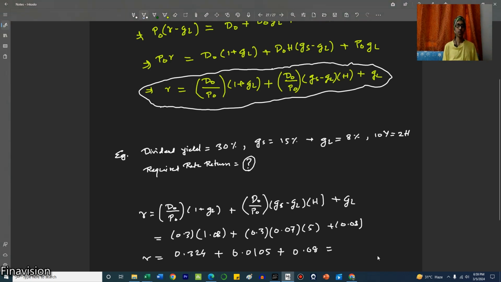So this is equal to 0.4145. So a huge required rate of return of 41.45%. This is the answer according to our example.